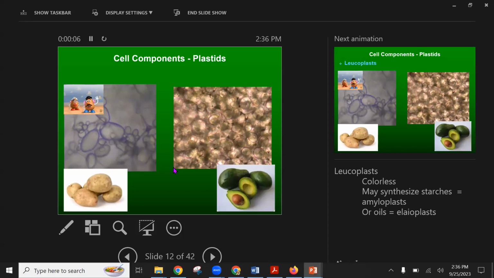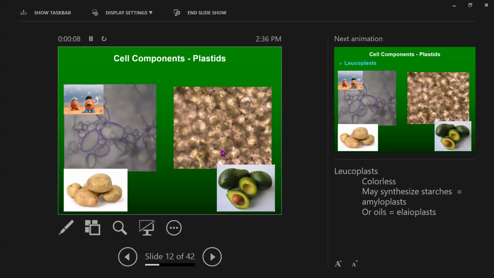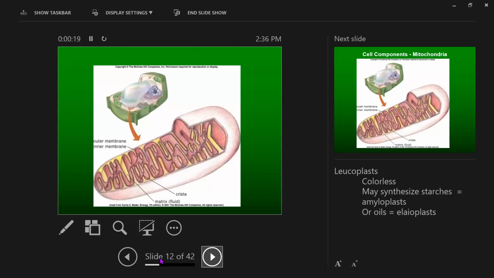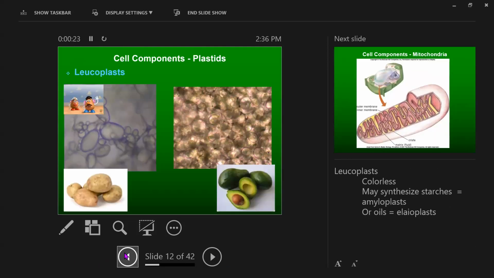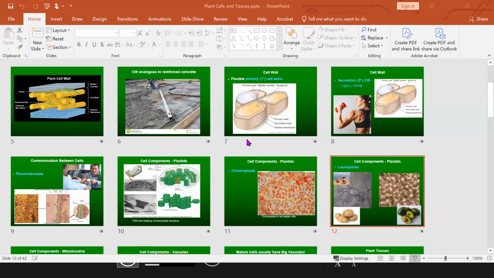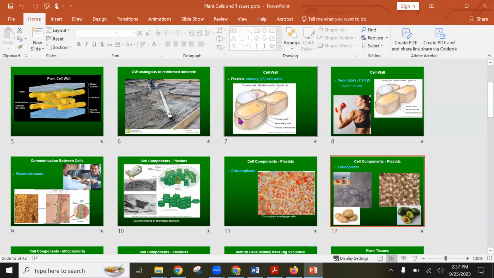Yeah, you can kind of see them with the oleoplast. I don't think you stain those in lab. They're visible. It's a little challenging. Amyloplast we usually stain with the iodine. Other questions? Yep. No, no. Know the cell anatomy, including the cell wall.